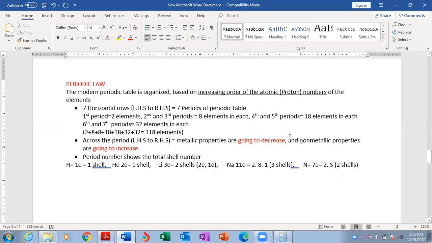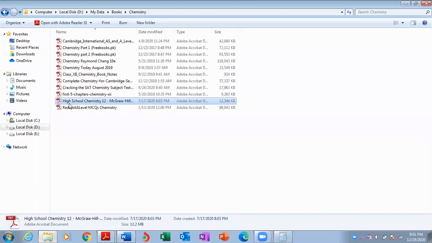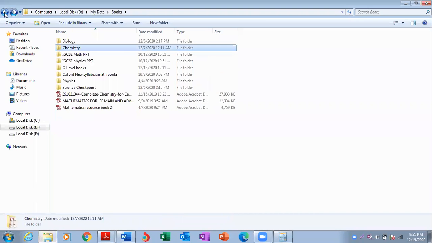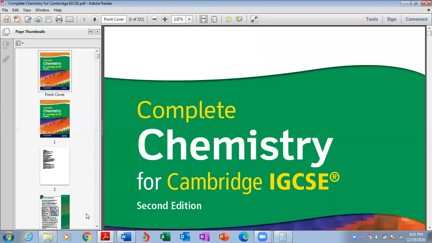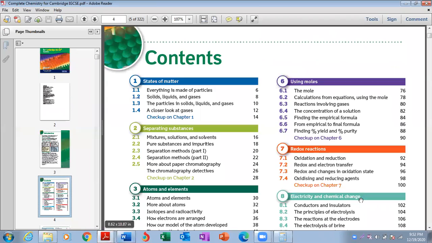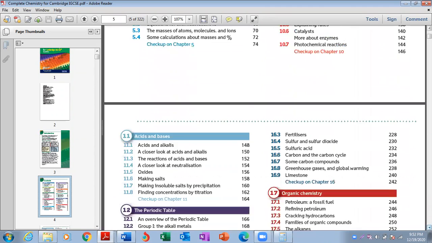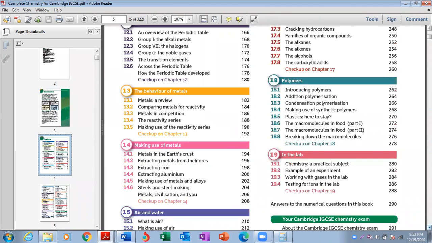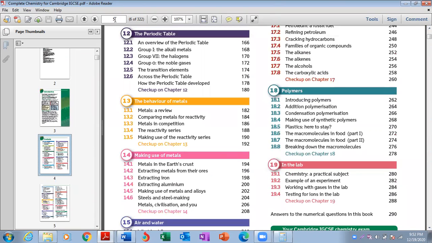Okay, now the most important thing, now I'm moving here. I'm just going to show the periodic table of my book, that is the periodic table on page number 166.